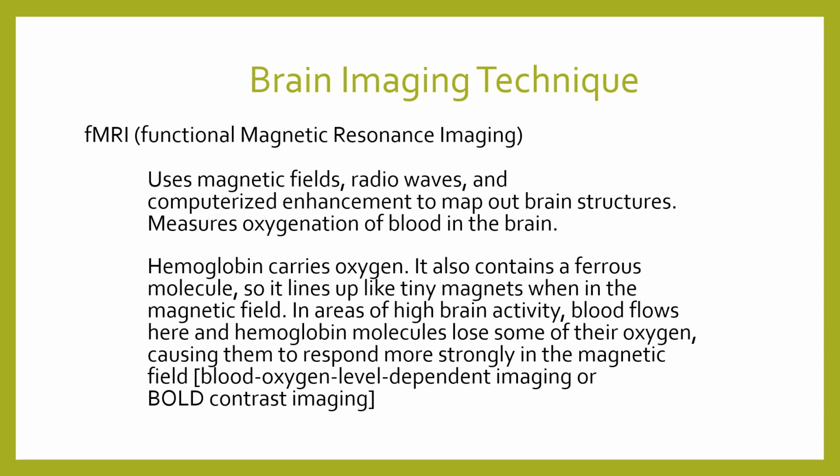And then with the functional magnetic resonance imaging, they're using that MRI to measure the hemoglobin and where that blood is moving, and how much oxygen it has in it. Hemoglobin has oxygen in it, it's bringing oxygen to these active areas, and hemoglobin also has that ferrous component.